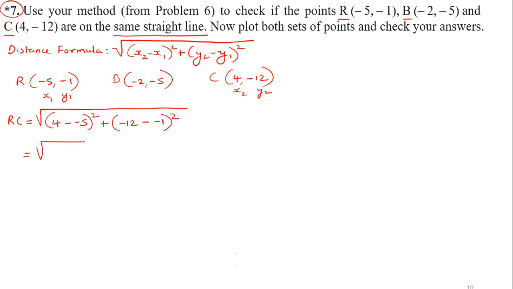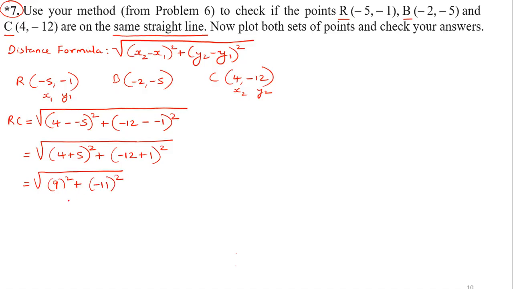Is equal to 4 minus minus is plus, 4 plus 5 is 9 squared, plus minus 2 minus minus is plus, minus 2 plus 1 is minus 1 squared.